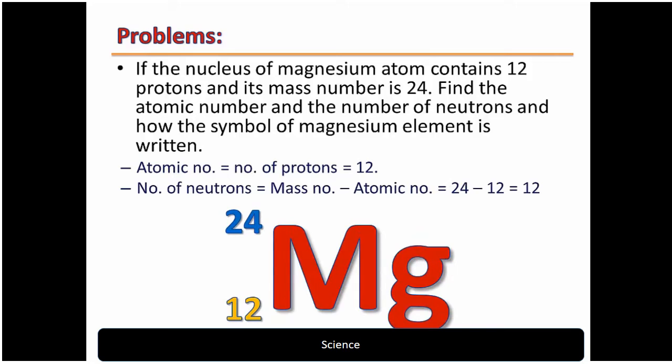Number of neutrons equals mass number minus atomic number, 24 minus 12 equals 12. The symbol of magnesium is Mg. Its atomic number, 12, is written in the lower left corner. Its mass number, 24, is written in the upper left corner. The symbol of magnesium is Mg, 12, 24.